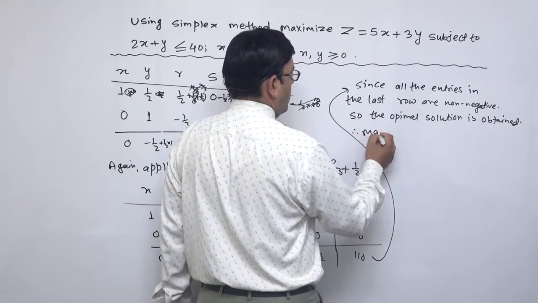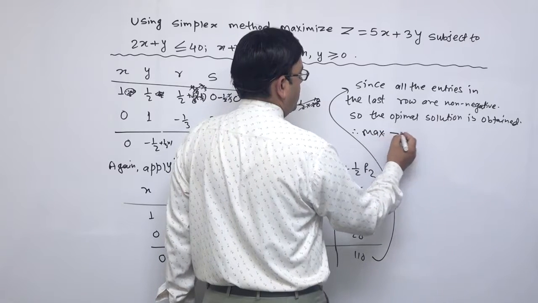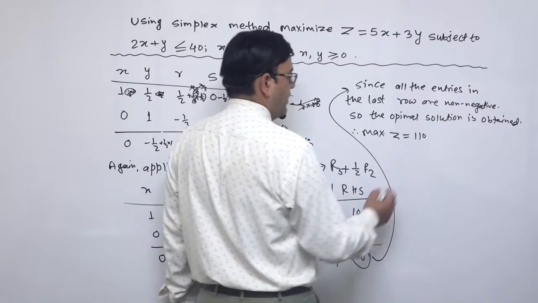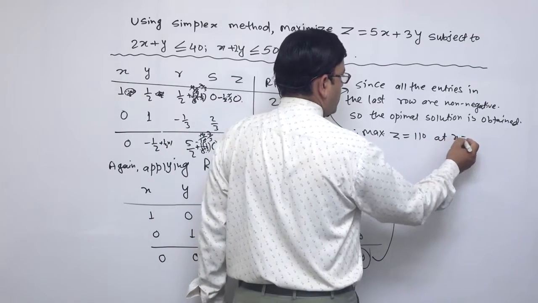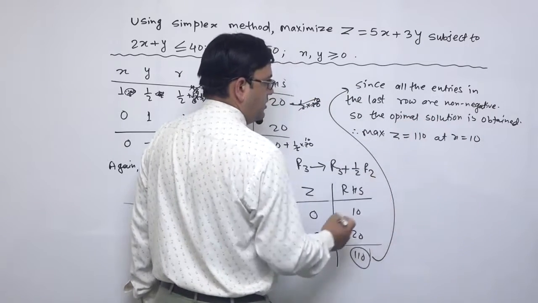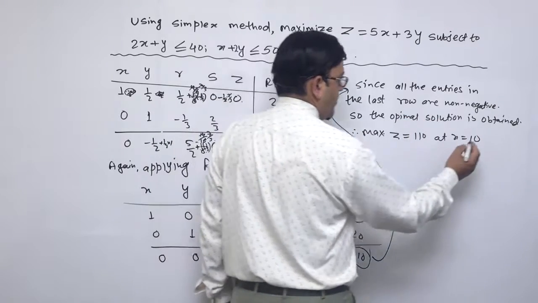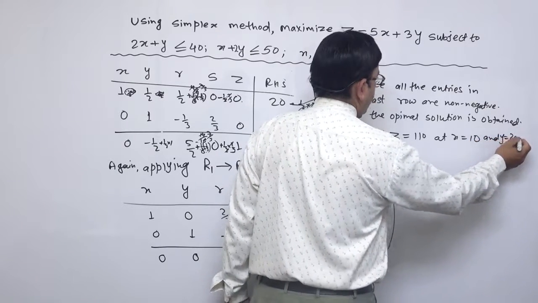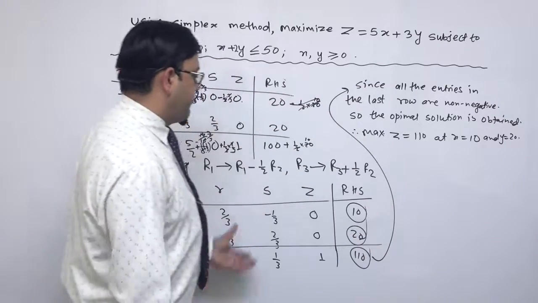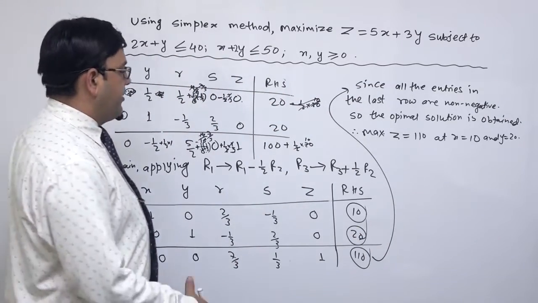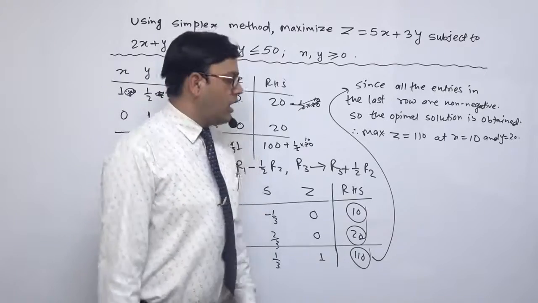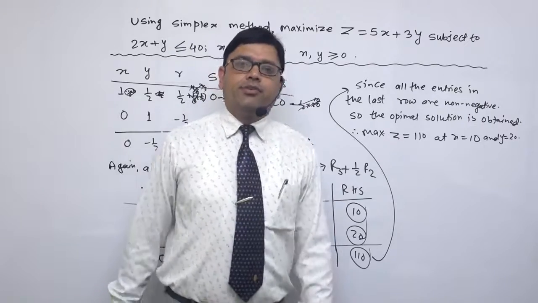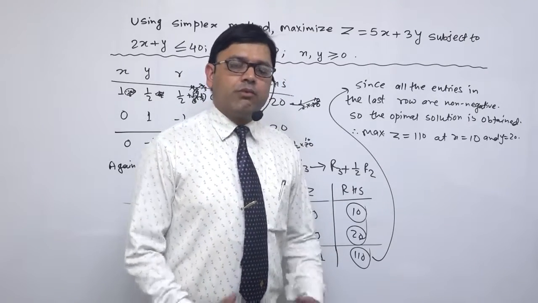Therefore, the maximum value of z is equal to 110. This is the maximum value of z at x equal to 10 and y equal to 20. This is how we found y equals 20. Dear students, I think you know very well this is a long question of linear programming. I hope these questions are enough for your exam as well as our course coverage.